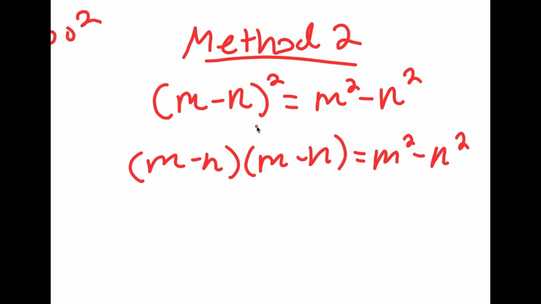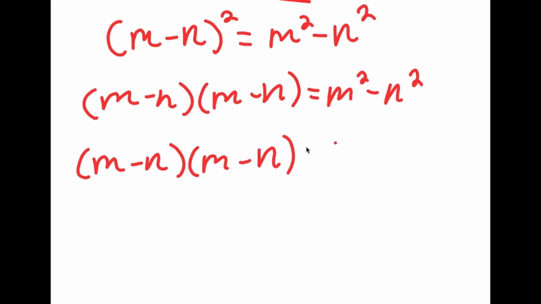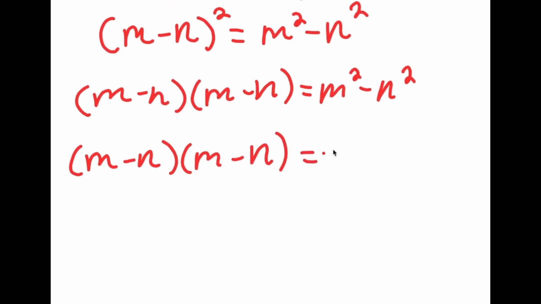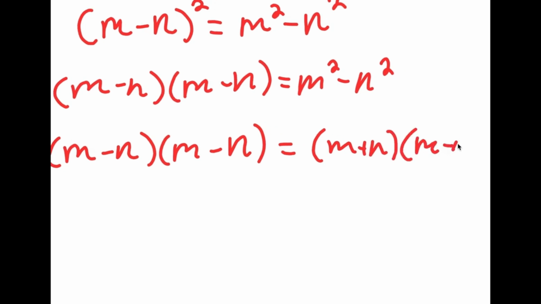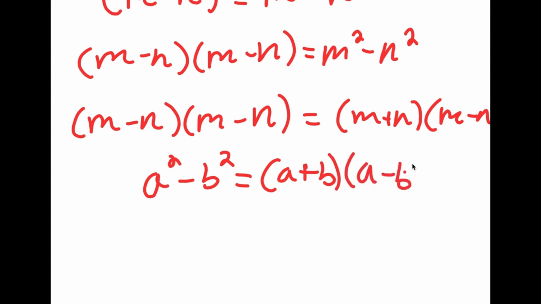And now from here, I'm going to rewrite m squared minus n squared as (m plus n) times (m minus n), because if I have something in the form a squared minus b squared, this is equal to (a plus b) times (a minus b).